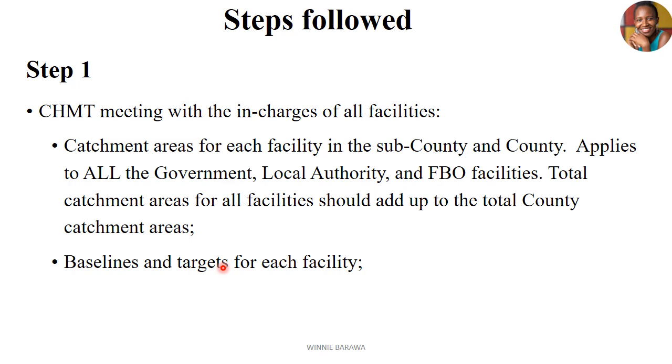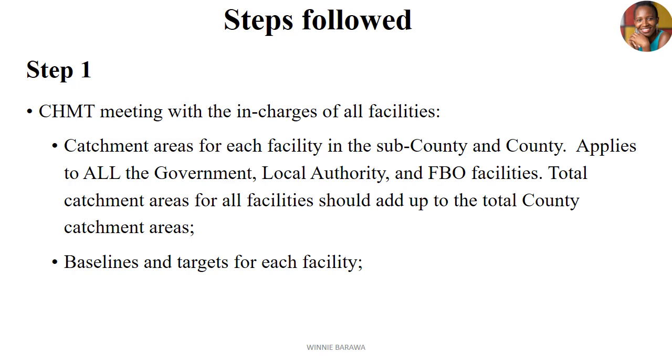The spearheading team for the primary health facility annual planning is the County Health Management Team, commonly called the CHMT. CHMT stands for County Health Management Team. It's a bigger team made of more specialized units from public health, nursing officers, medical officers, nutritionists, and all these managers who can help in representing the different key indicators in the county.